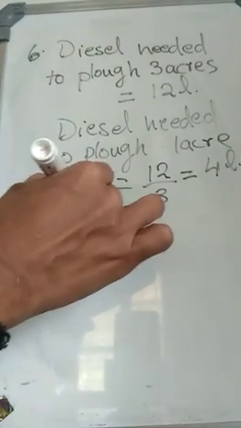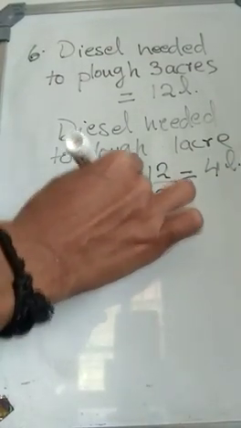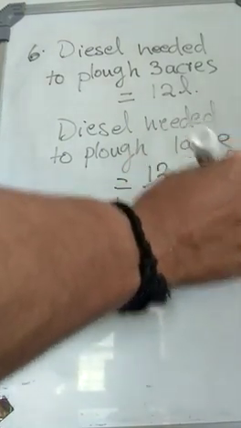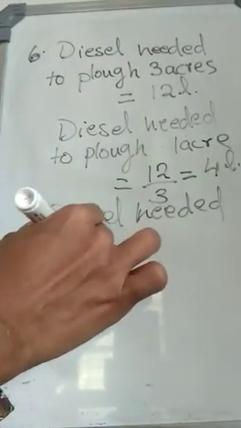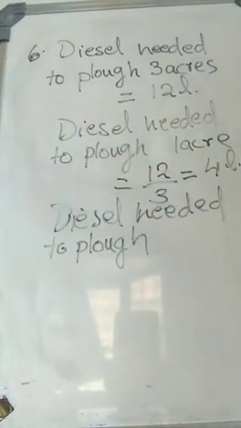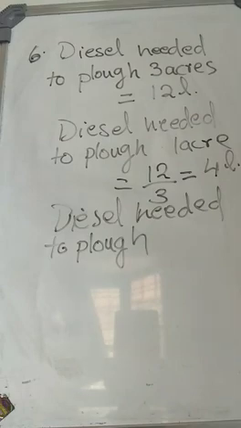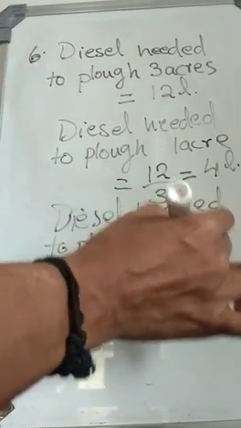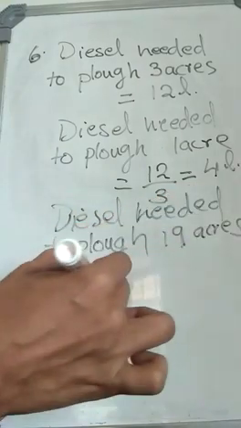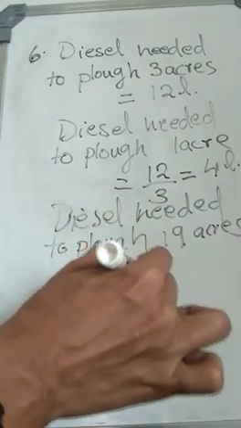So, diesel needed to plow. What is the question? How many acres? It is 19 acres. 19 acres will be equal to 4 into 19.